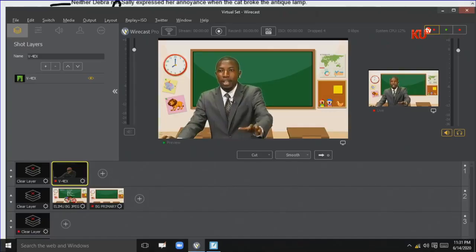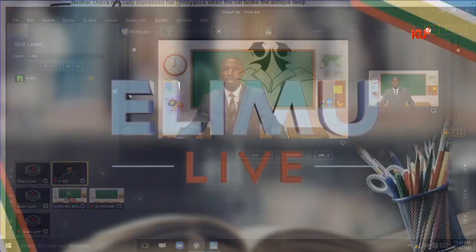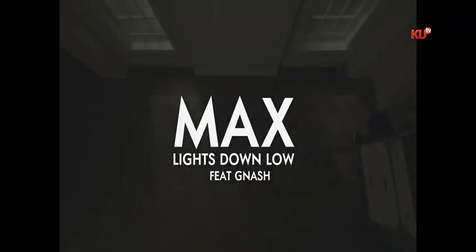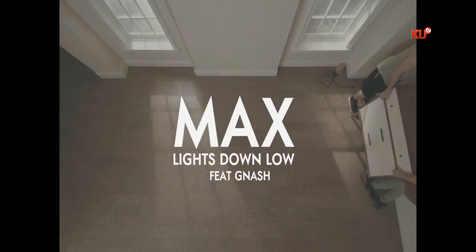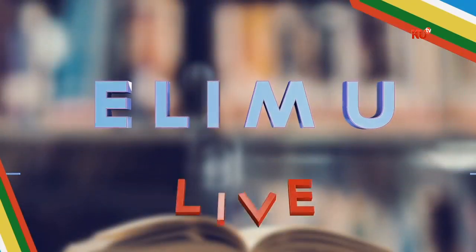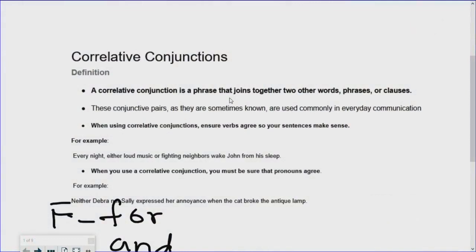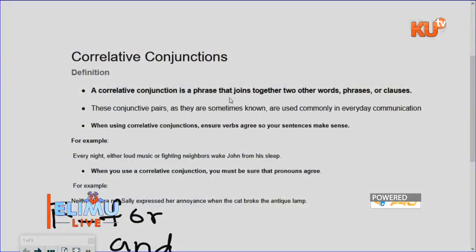Then I also want us to look at the other type of conjunctions, that is the subordinative conjunctions. Subordinative conjunctions are used to join dependent clauses.